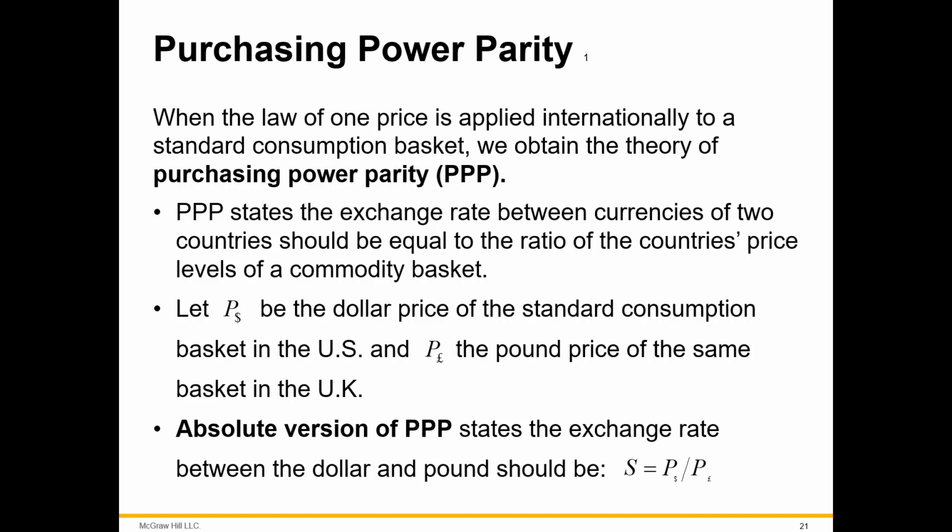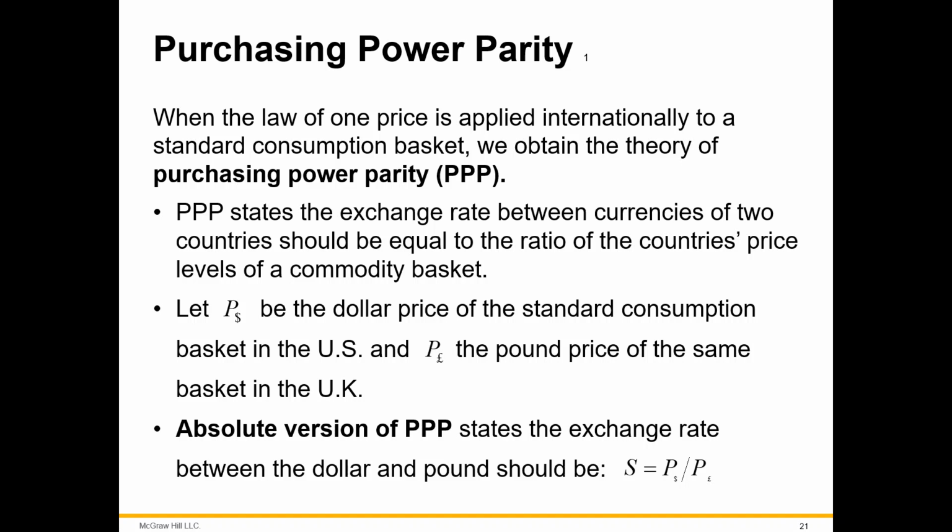So if purchasing power parity holds, it would be true that the exchange rate between two currencies from two different countries should be equal to the ratio of the countries' price levels for a commodity basket.